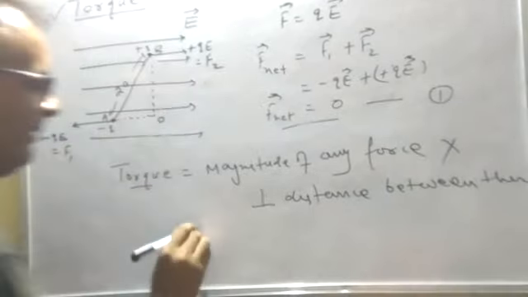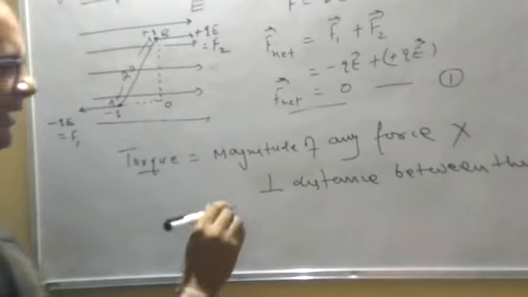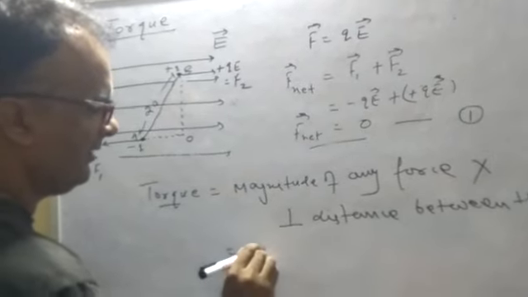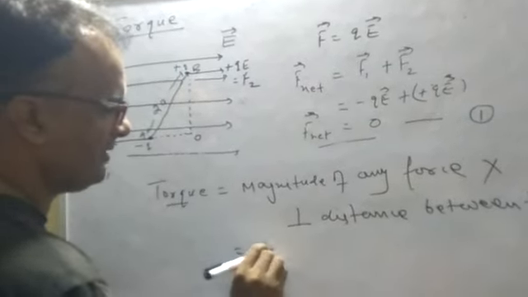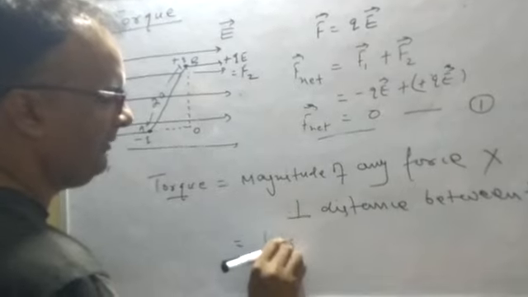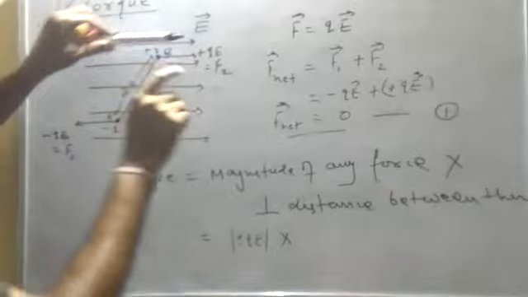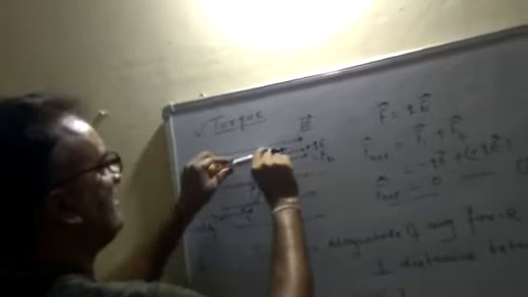So the magnitude of one force is QE. It may be minus or plus, whatever you take, it is QE. Multiply by the perpendicular distance. See, here this force is towards this side and this force is towards the right side.